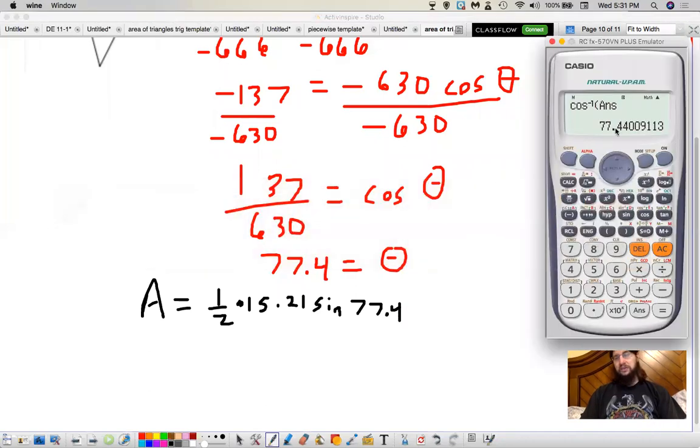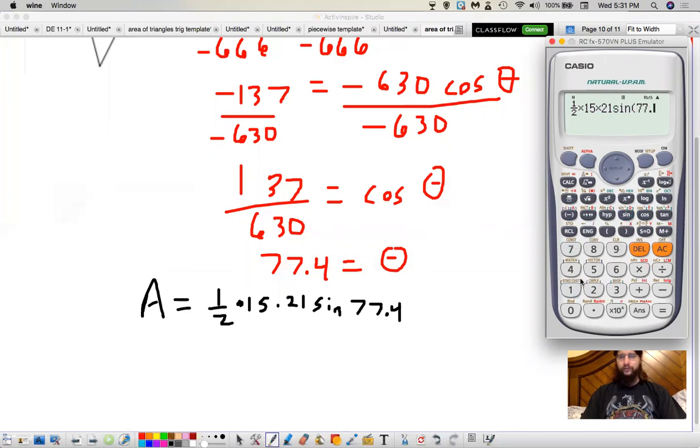Technically, since you have it right here, you could just do sine of your answer at the end. Half times 15 times 21 sine of 77.4.